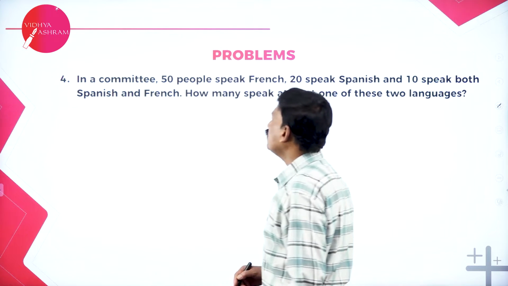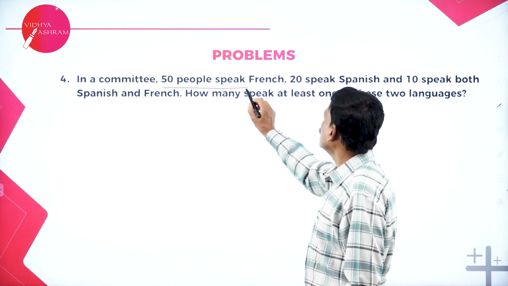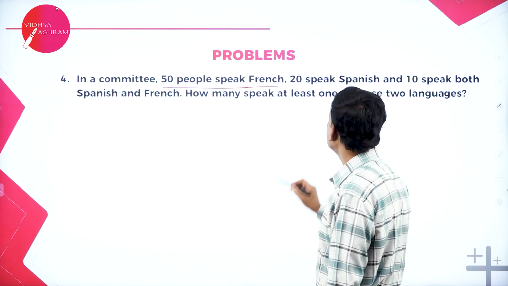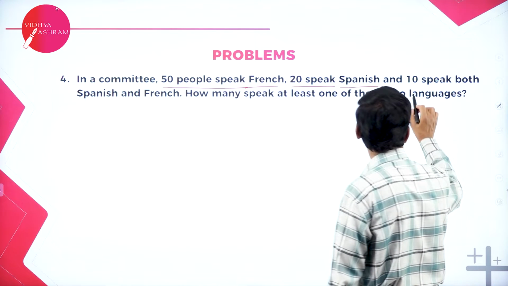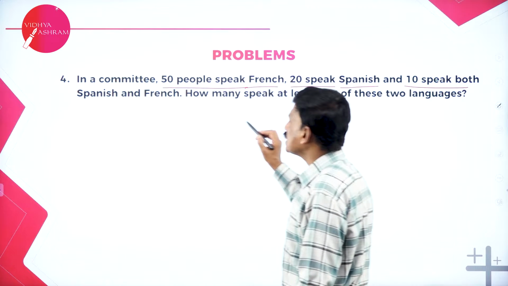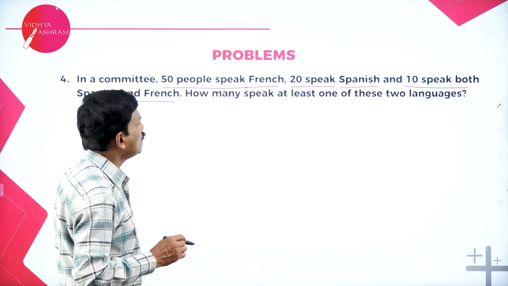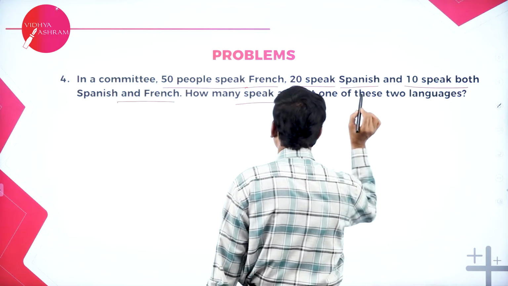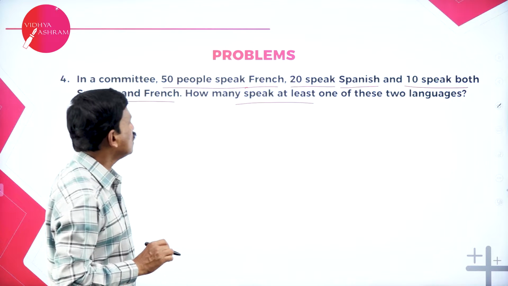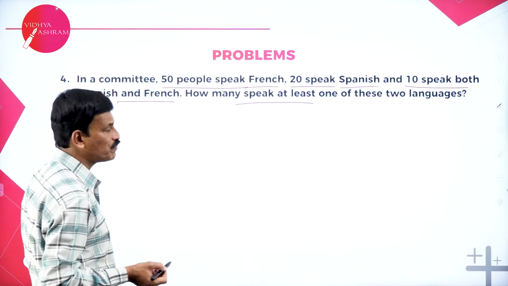So in a committee, 50 people speak French, 20 speak Spanish, and 10 speak both Spanish and French. How many people speak at least one of these two languages? Now let us say a similar problem.